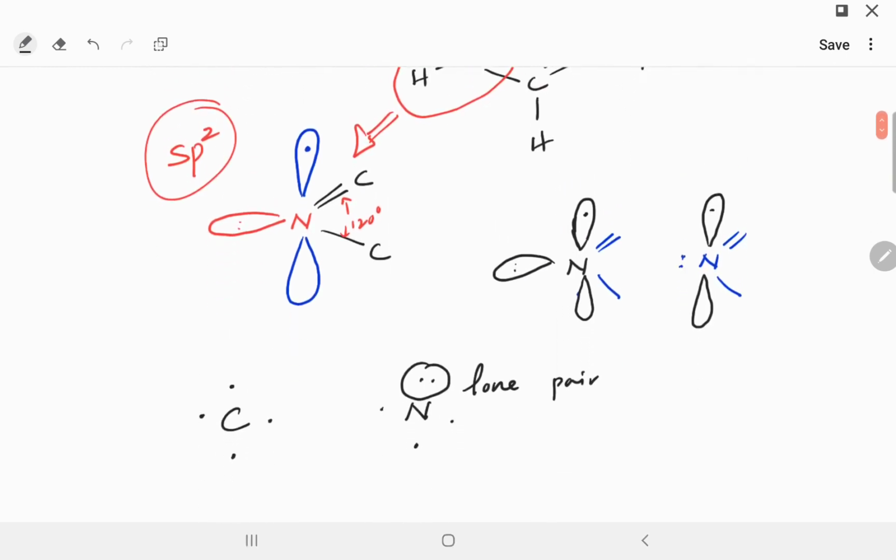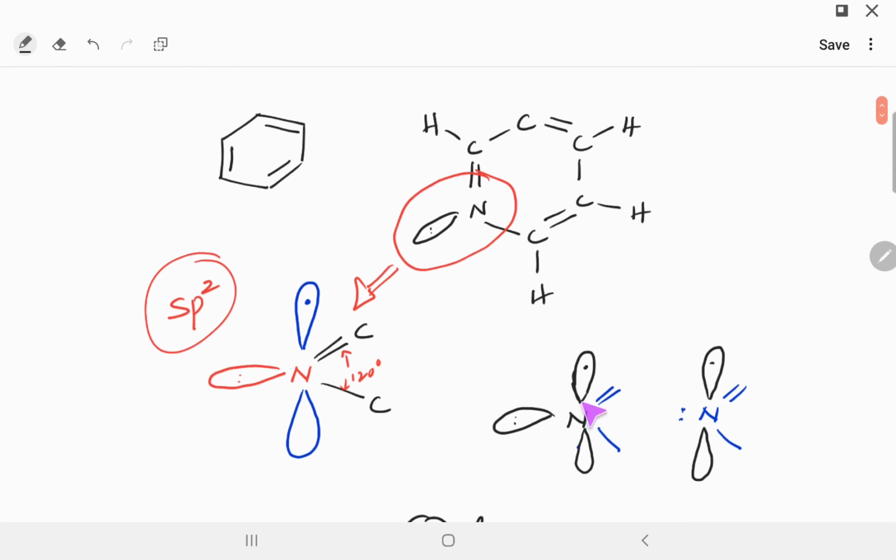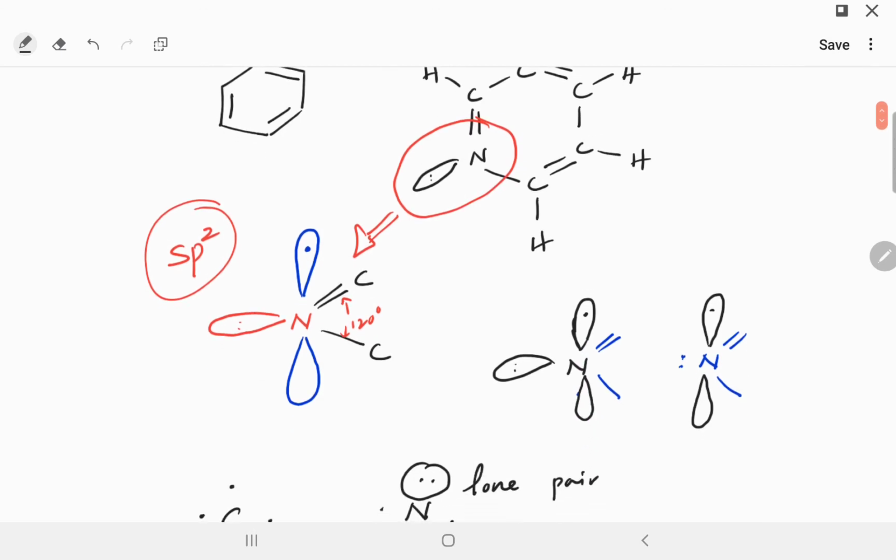So you take the same old benzene and replace this carbon hydrogen with nitrogen, and the lone pair will take the place of the carbon hydrogen bond, and the p orbital will remain intact. Let me replace this with carbon and hydrogen just to be clear.